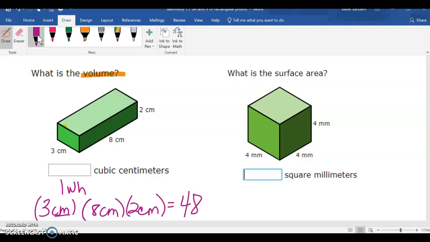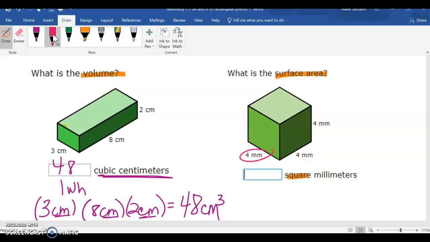But if I have a centimeter times a centimeter times a centimeter, it's 3-dimensional, because you have length, width, and height. So you have centimeters cubed or cubic centimeters. So if it's asking for volume, your units are going to be cubed. If it's asking for any kind of area, it's always going to be squared.